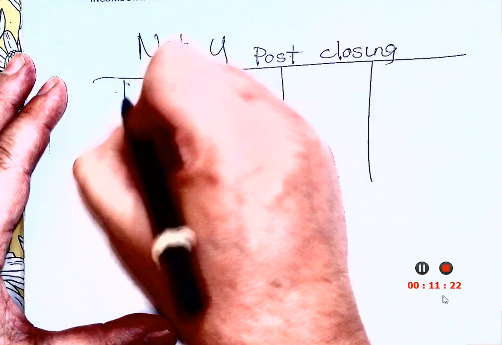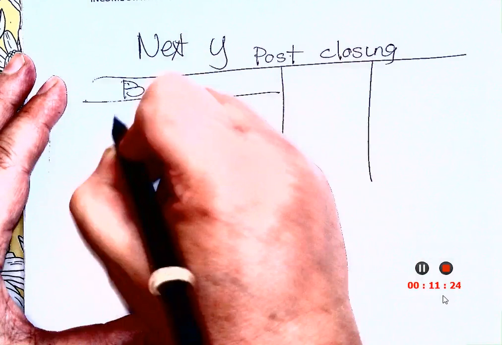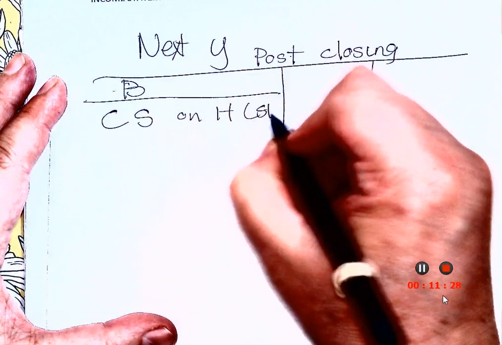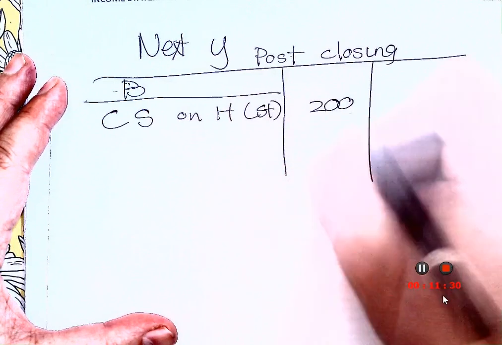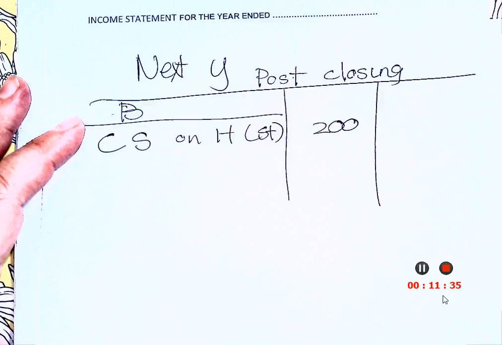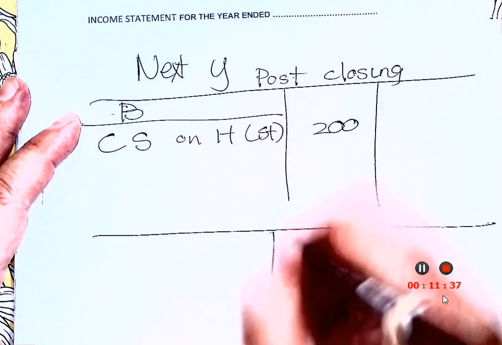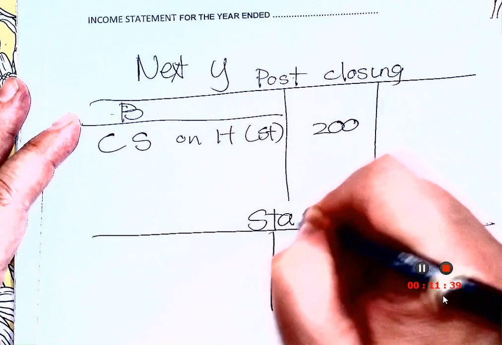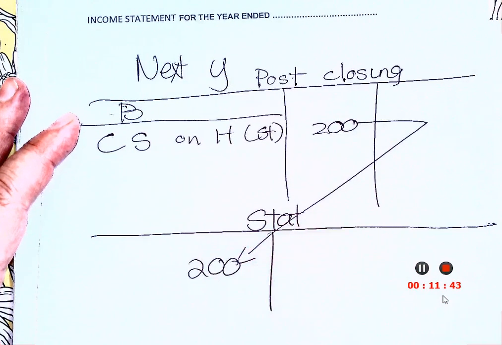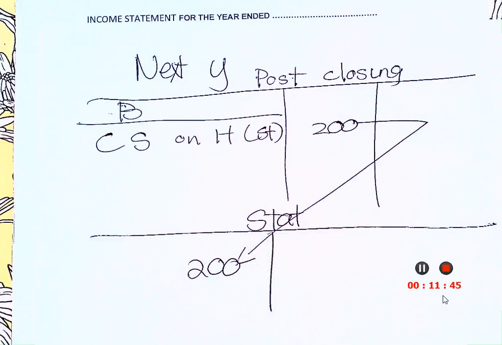But in your balance sheet section, there's going to be consumable stores on hand, and they're going to say it's stationery, 200. So next year, when I open my books, I will say, oh, you know what? I'm going to take that out and put it back into stationery so that I can use it. So your expense starting next year already starts with the expense of 200.